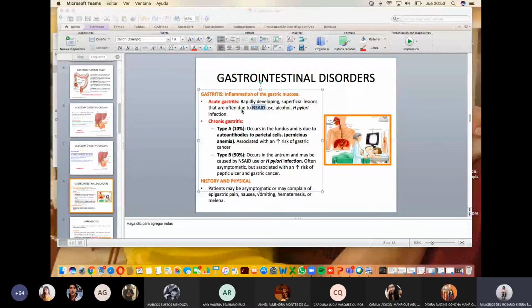That is a very common cause for an acute gastritis. The location of the pain in this case is basically in the epigastric region, and then it can radiate to different parts of the abdomen. It can also be associated with nausea, vomit, hematemesis, and melena. So do you guys know what hematemesis is? Let's see, Daniela Calderon.